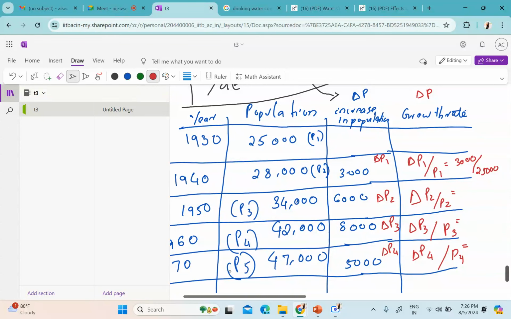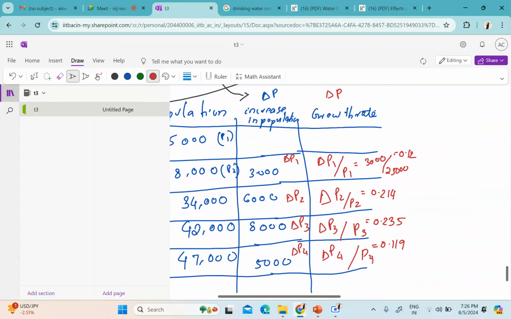Right. Then the next one, 0.214. And then 0.23. Okay, correct answer. That is the growth rate.